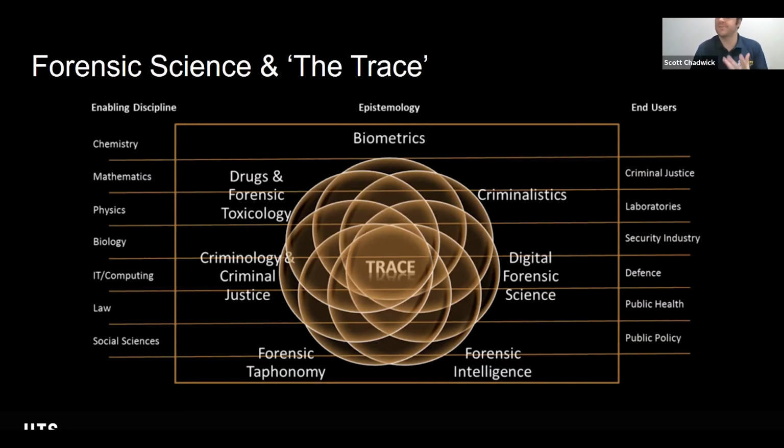So again, in the areas of, for instance, drugs and toxicology, getting an understanding of how drugs are impacting people's health can help inform the public health sector to help people with the treatment of drug overdoses or drug rehabilitation. But it can also help policy. So if there are new drugs coming on the market, we can inform lawmakers that the laws should be updated to include these new areas that are causing concern.